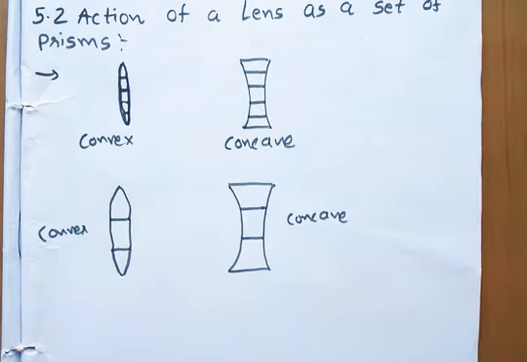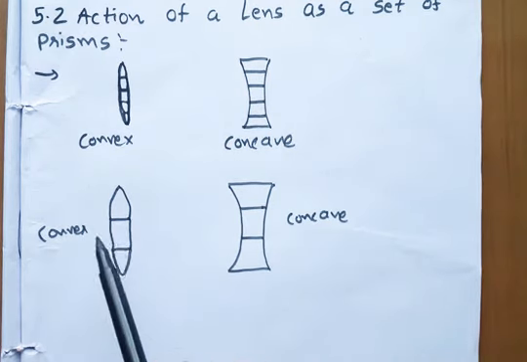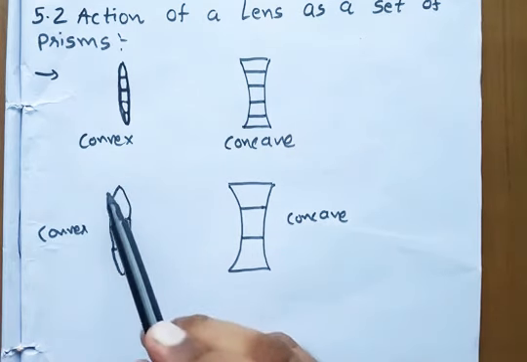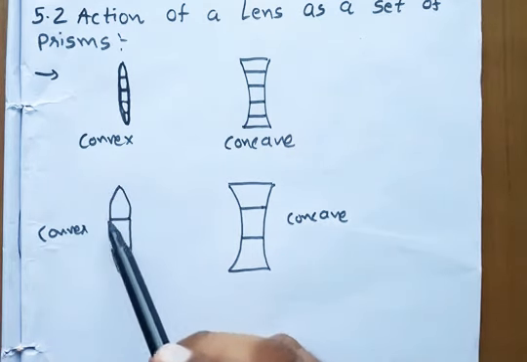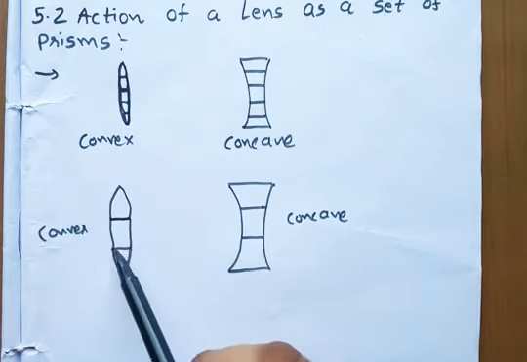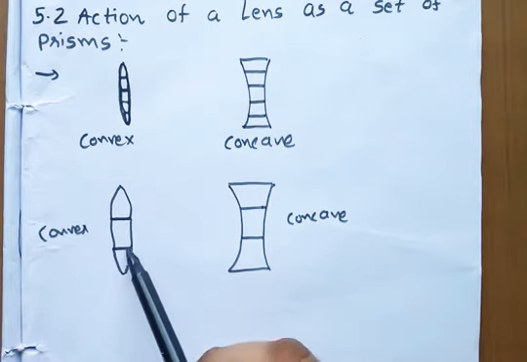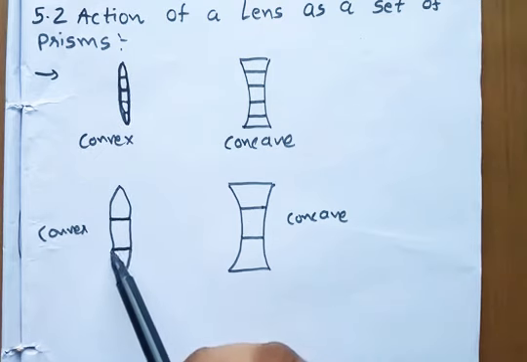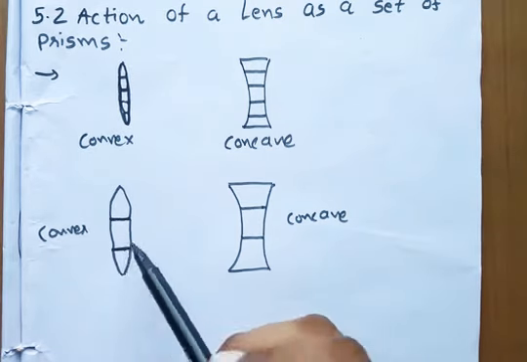Here we understand that in this convex lens we get this portion which has a base. The upper part has its base downward, and similarly the lower part has its base upward.